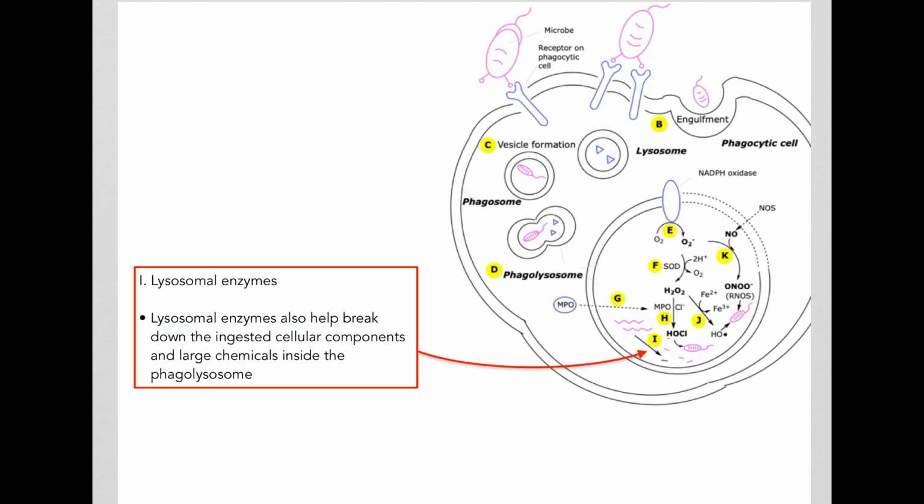So besides HOCl, the lysosome itself, because remember, the lysosome has spilled all its contents into this phagolysosome, so there are a lot of lysosomal enzymes also present in this phagolysosome. And these lysosomal enzymes will also help break down the ingested material into chemicals.